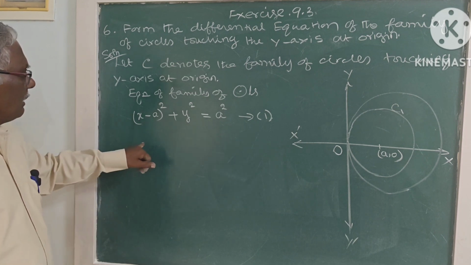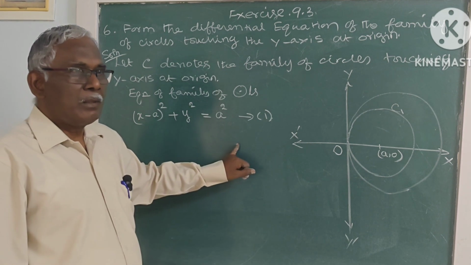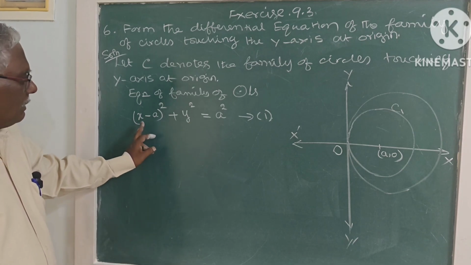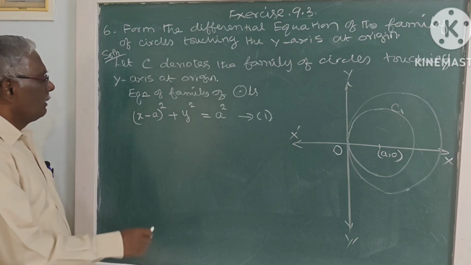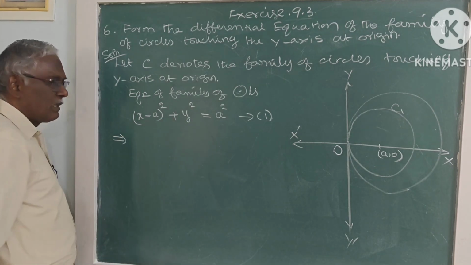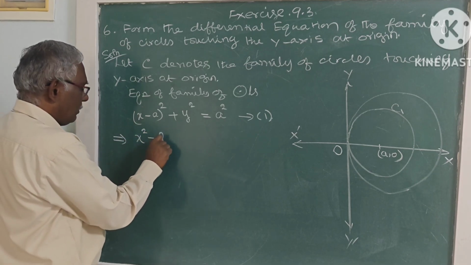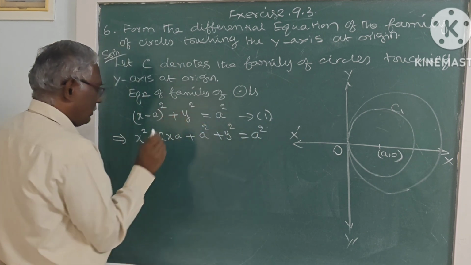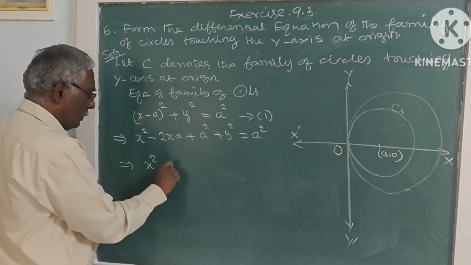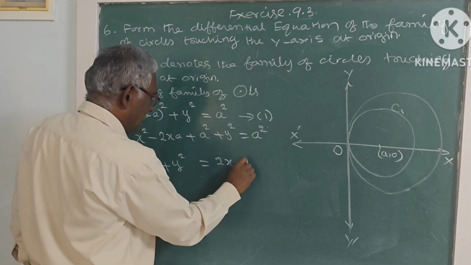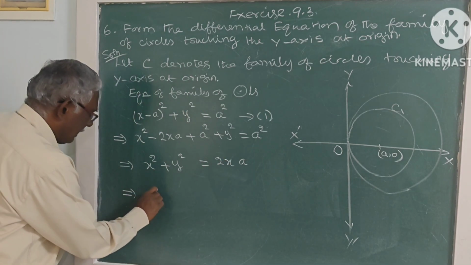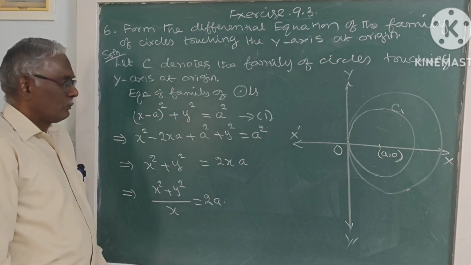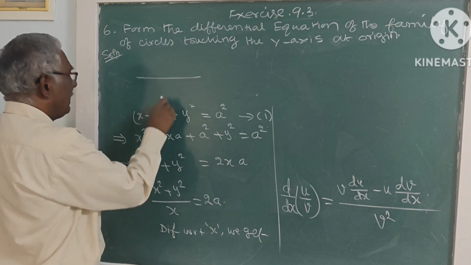We'll expand it and simplify. So x square minus 2xa plus a square plus y square is equal to a square. Now differentiate with respect to x.